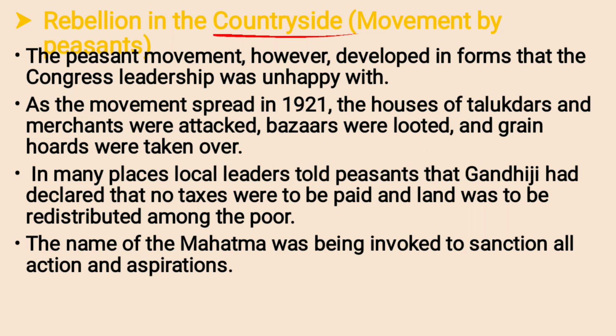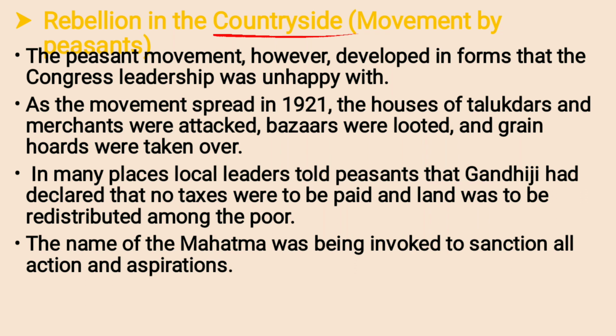When the talukdars were spending their life in their homes, a few people attacked them in 1921, because they launched this movement against the Mahatma Gandhi non-cooperation movement. The bazaars were looted, meaning there were many crowds.